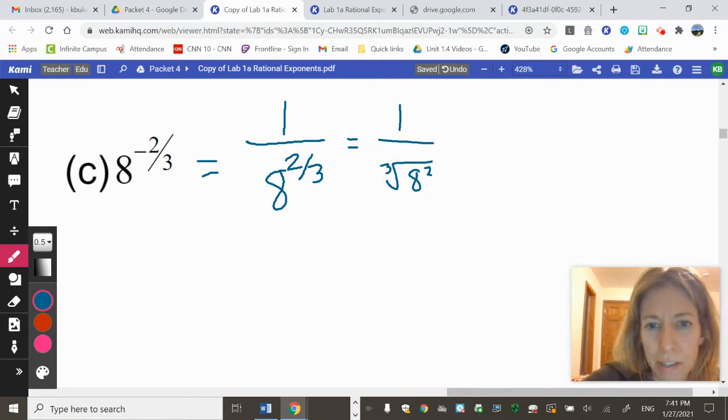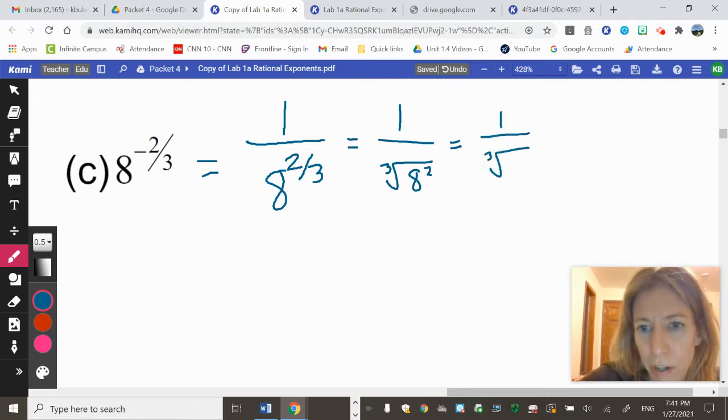In this case, the difficulty level is about the same either way. If you do 8 squared first, it would be the cube root of 8 squared, which is 64, and maybe you know the cube root of 64 is 4, to get 1/4 as your final answer.